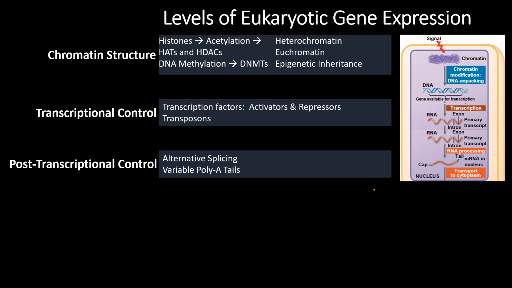within the nucleus. So you can picture everything up to this point has happened in the nucleus. We've had the chromatin unpackage, we've had transcription occur, we have a primary transcript. Okay, so that's transcription control. Now we're going to cap and tail that primary transcript. We're going to splice out those introns.